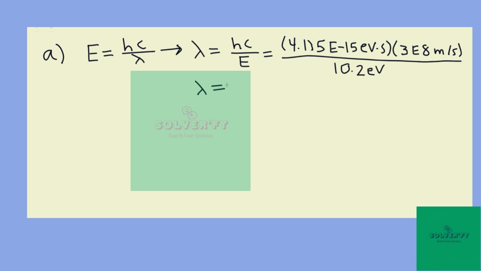And this would give us a wavelength of about 1.22 times 10 to the negative 7 meters.